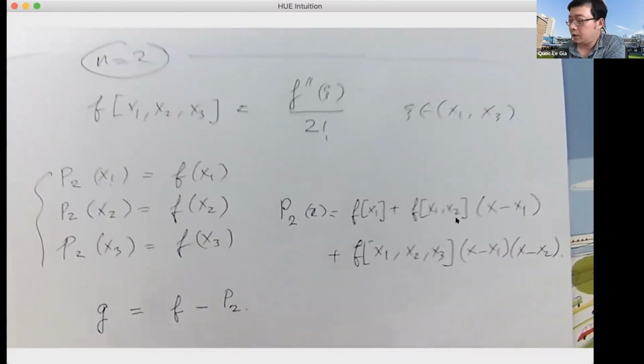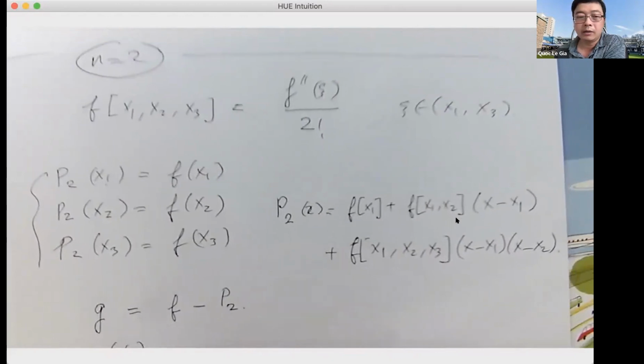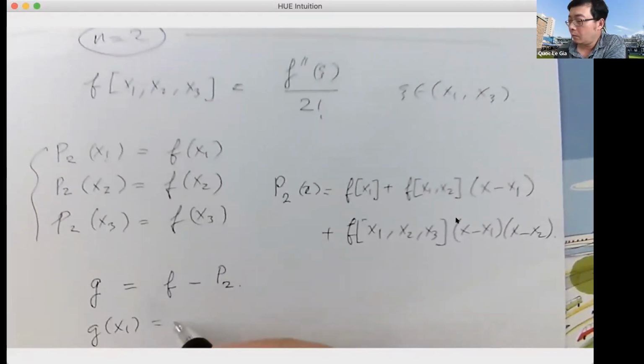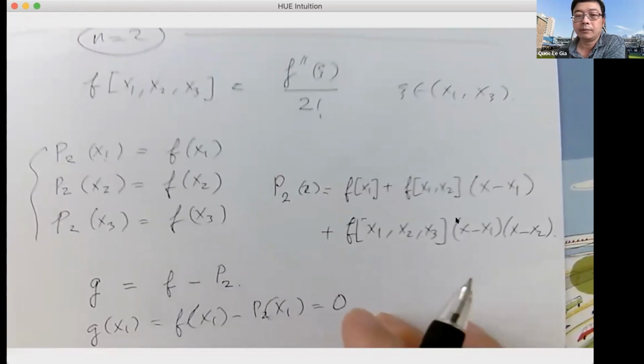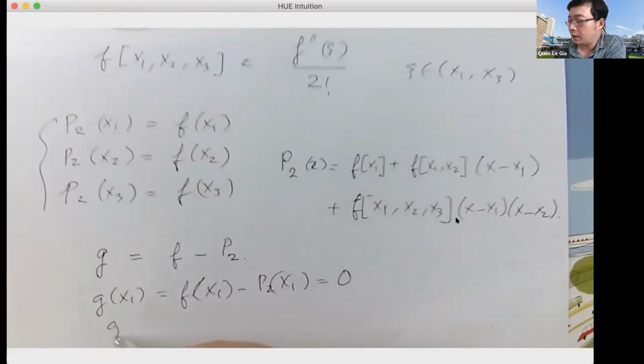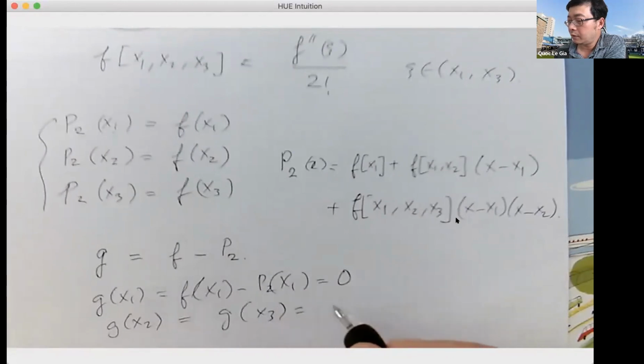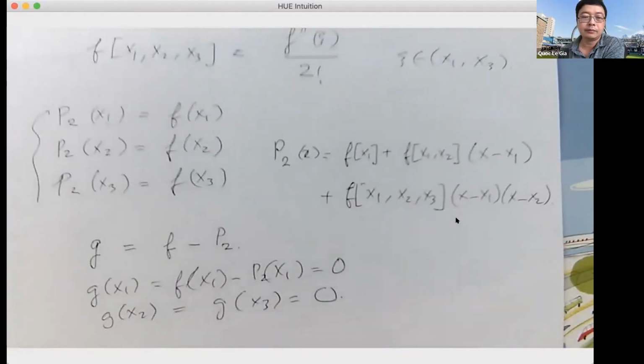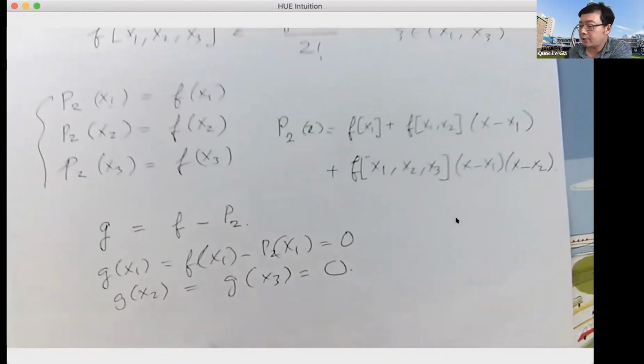Well, g of x1 will equal f of x1 minus p2 of x1, which equals 0. And similarly, g(x2) equals 0, g(x3) equals 0, right? So now what does the function g look like?